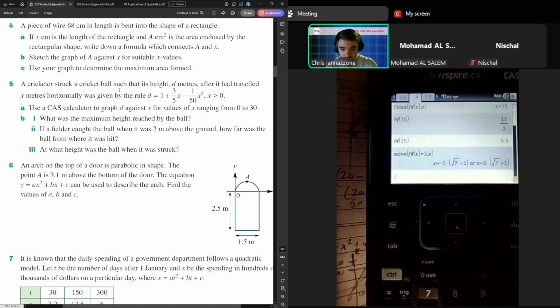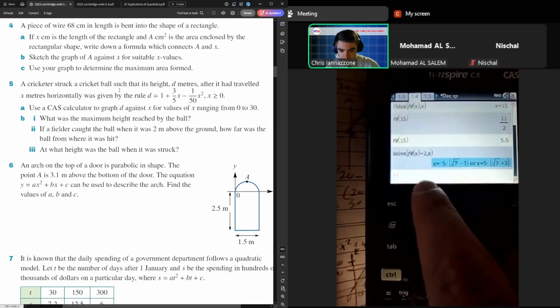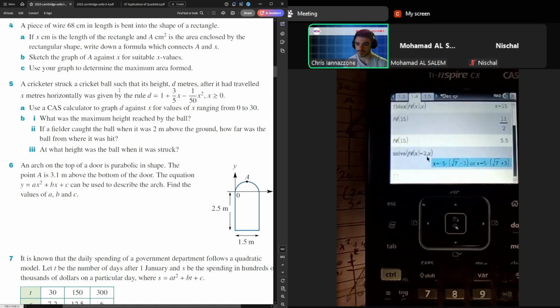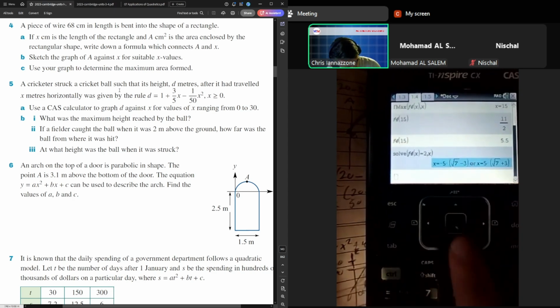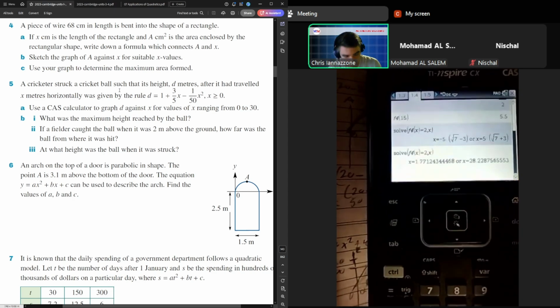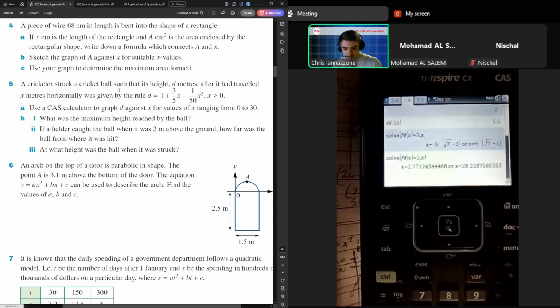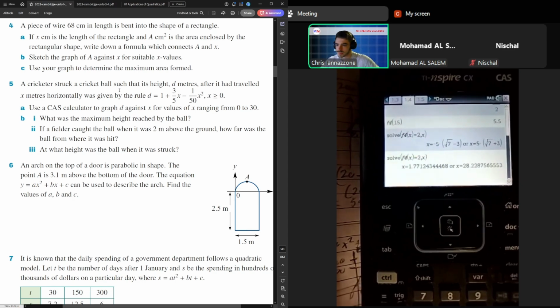This one's definitely going to give us a root answer, which is what you would give as your final answer. You give those 2 possible x values. You would just say meters at the end of that. If it asks for a decimal place, that's when you just hit Control Enter. And that will give you either 1.77 meters or 28.2 meters, however many decimal places they ask for.